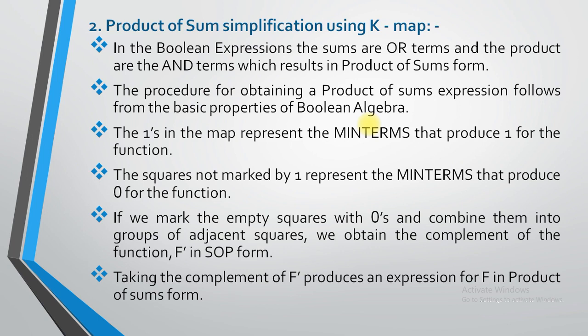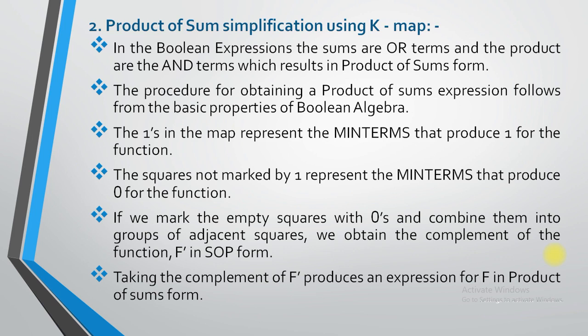Over there we made groups of 1, over here, in the product of sum, we are going to form groups of 0. That is called SOP form. Over here it is called POS form. When you make a square of 0, it can be represented by f dash, because we are going to find the complement of the function, which is represented by f dash.